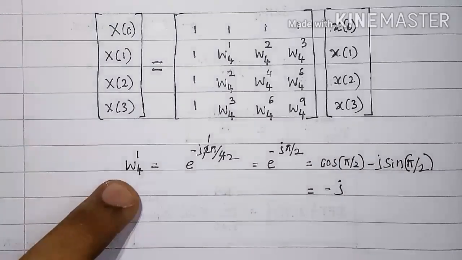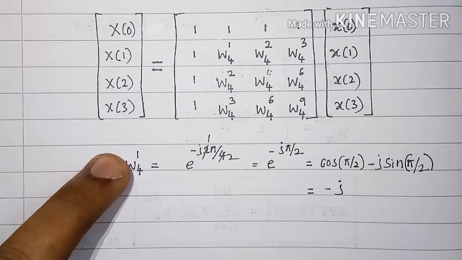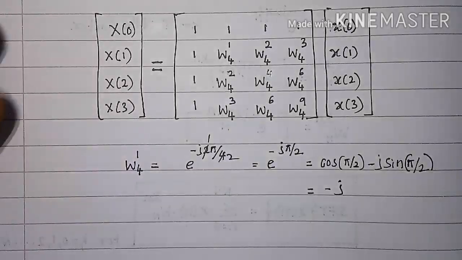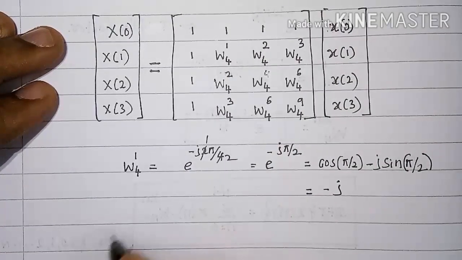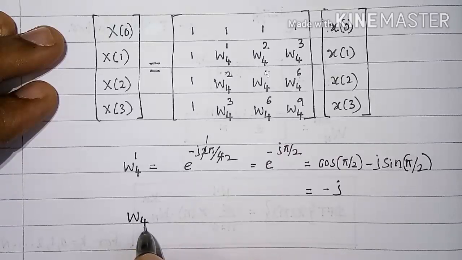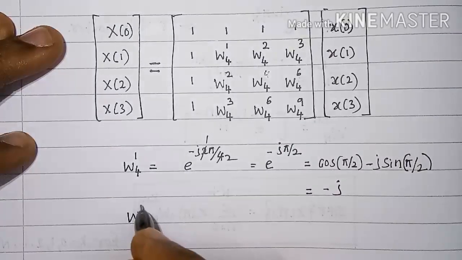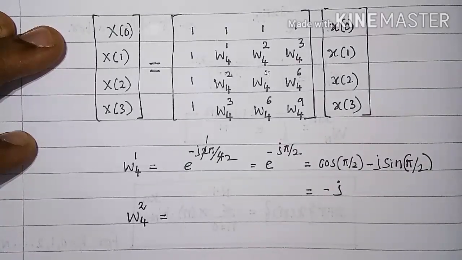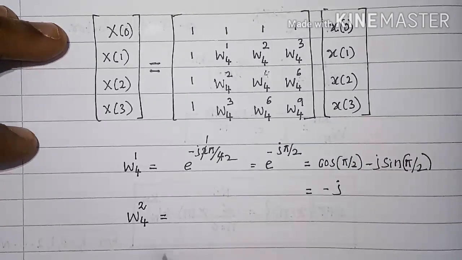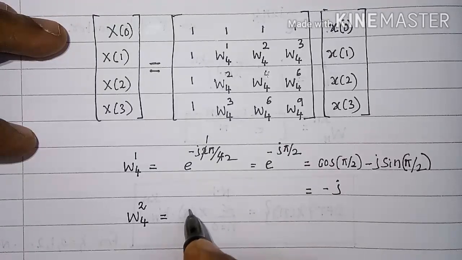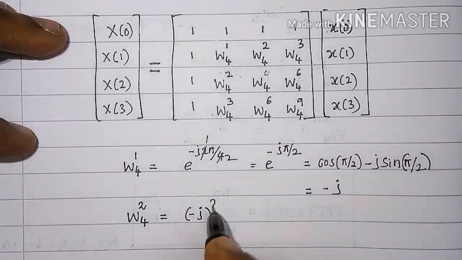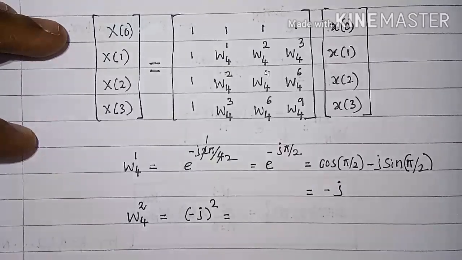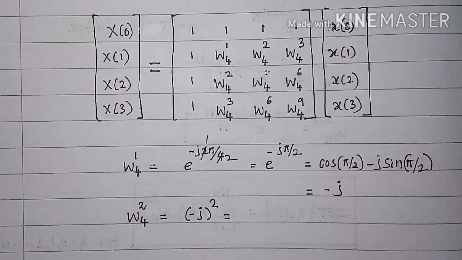Once you calculate W4 raised to 1, the other values can be easily computed. W4 raised to 2 is nothing but minus j square.